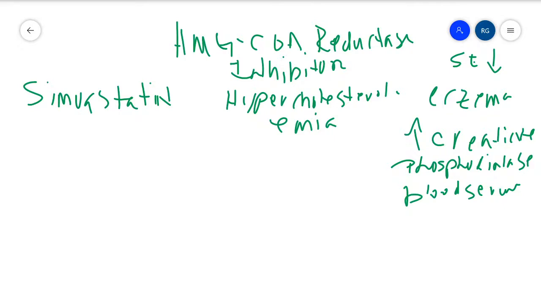All right, so we got simvastatin, HMG CoA reductase inhibitor. It's for hypercholesterolemia, which is high cholesterol. Its side effects are eczema and increased creatine phosphokinase in the blood serum.